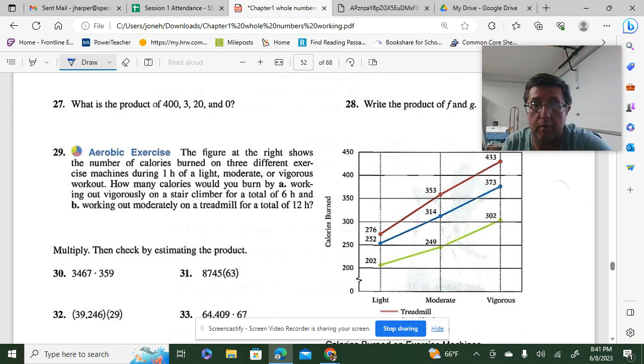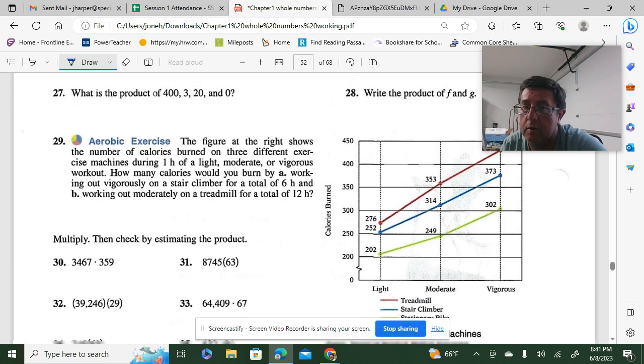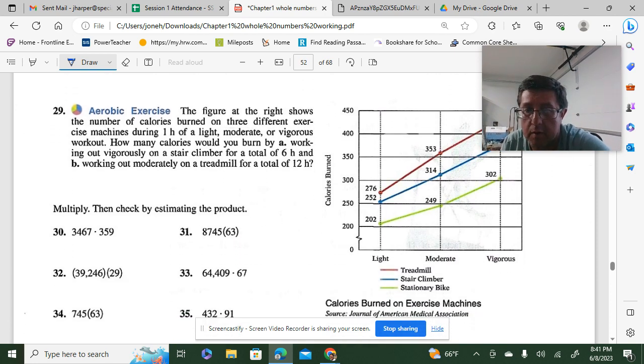So let's look for the stair climber. Which one? Down here. Okay, the stair climber is the blue line. So, working out on that, and it said, during a light workout, how many calories would you burn on A, working out vigorously on a stair climber?